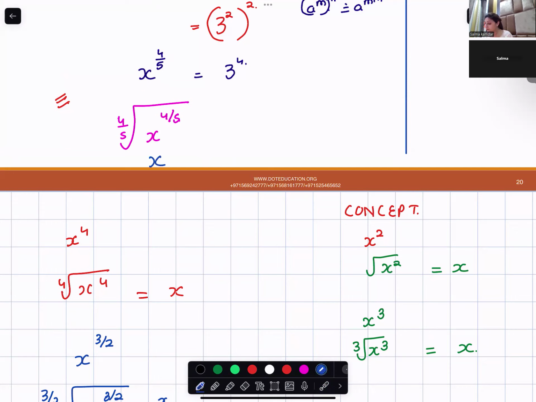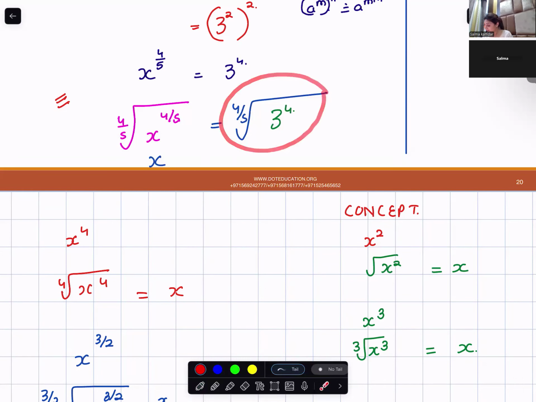So if I'm going to put 4 by 5th root, even here I am going to put 4 by 5th root, because whatever I do, I need to do it on both the sides. So my x would be 4 by 5th root of 3 raised to 4. That means it is 4 by 5th root of 3 raised to the power 4, which is 81.